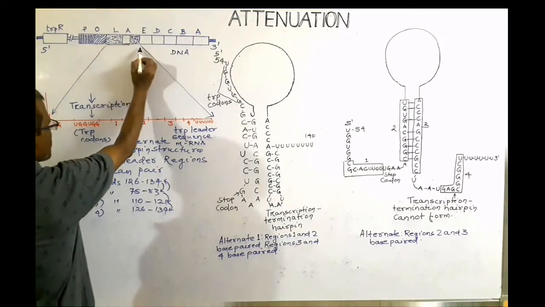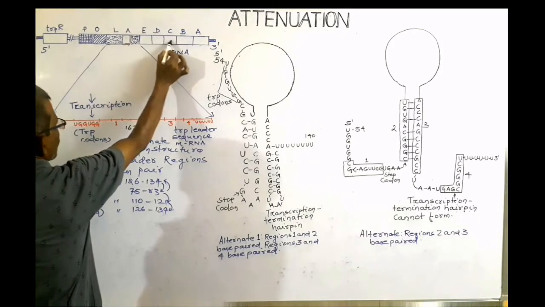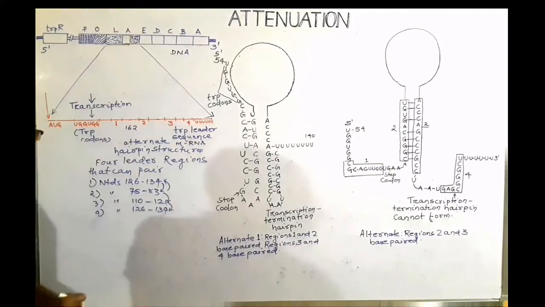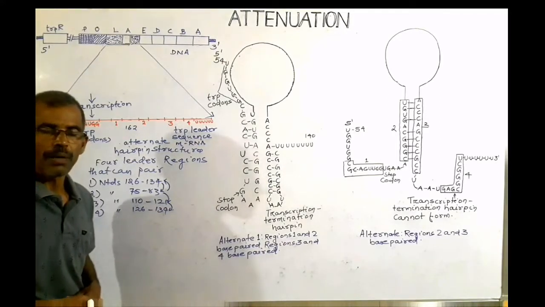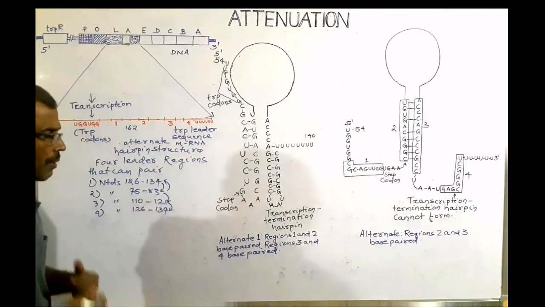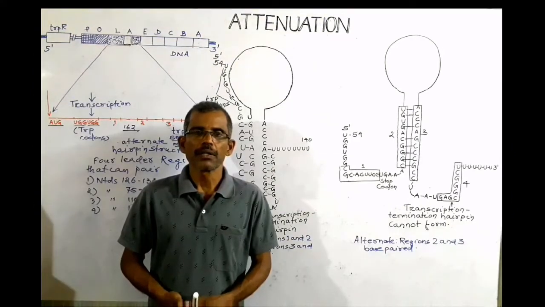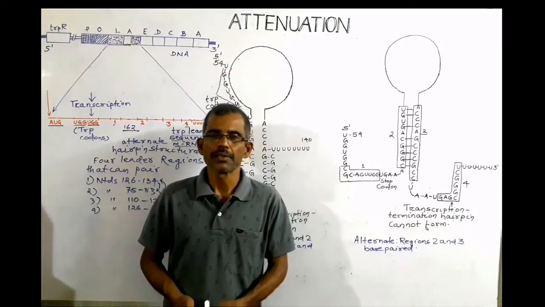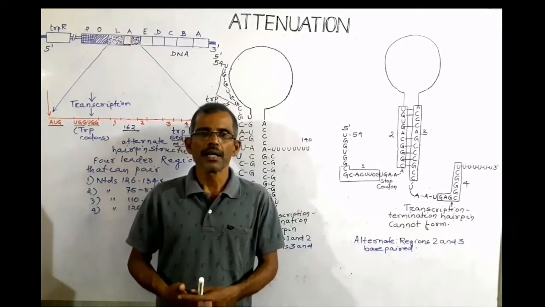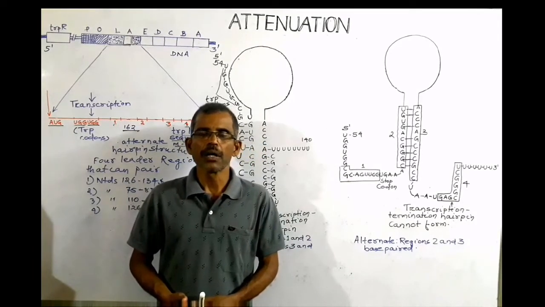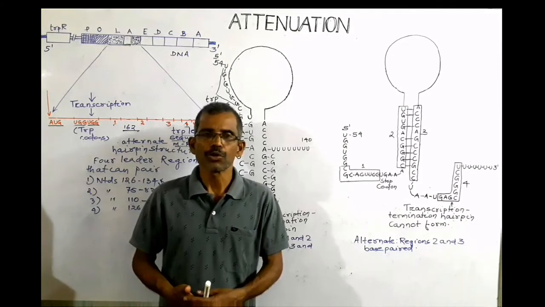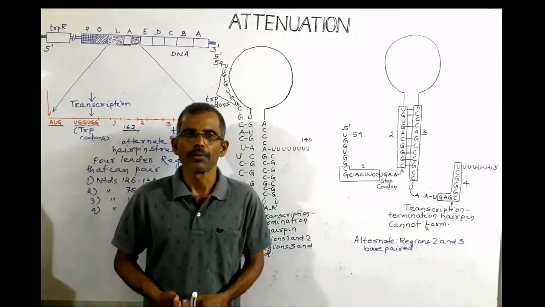After this leader region, there are 5 structural genes that encode various enzymes that are involved in the biosynthesis of tryptophan. The attenuator region contains a nucleotide pair sequence that is essentially identical to the transcription termination signals that are present at the end of most bacterial operons.